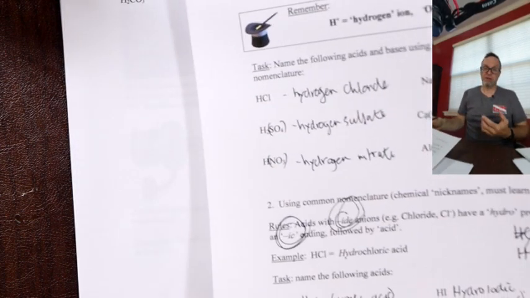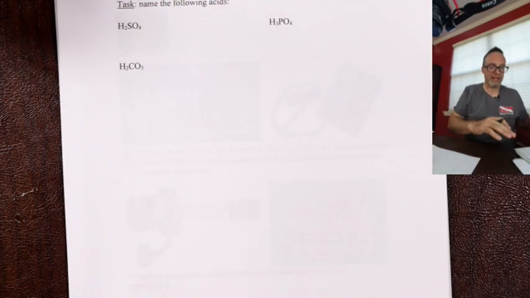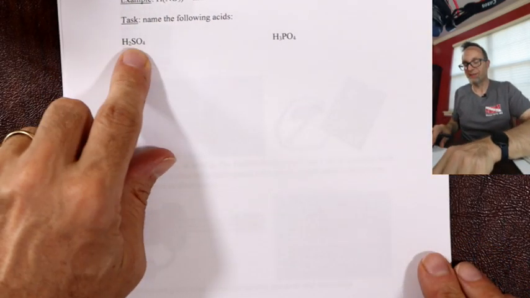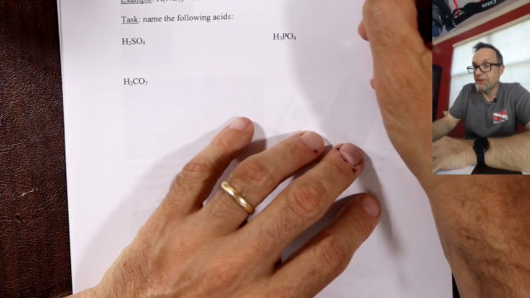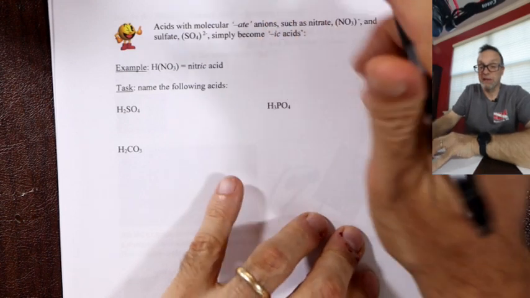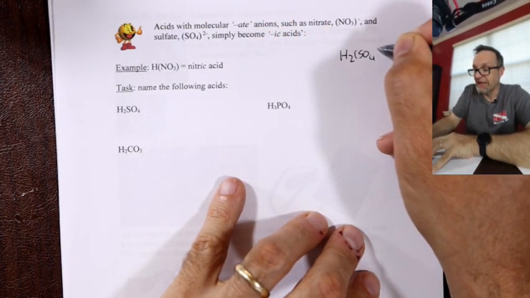So hydros essentially go with IDE anions, right? When we have the larger anions, the larger sulfates, phosphates, and carbonates, it's a little different. So it turns out the biggest bulk produced chemical in the world is actually a chemical you own. It's in your car battery, battery acid, H2SO4.